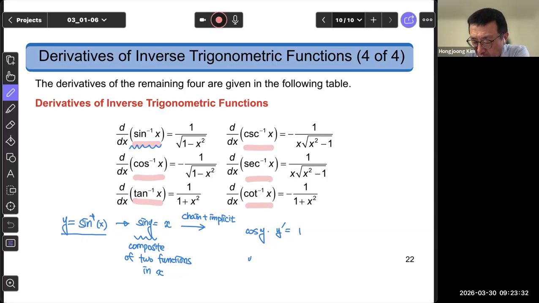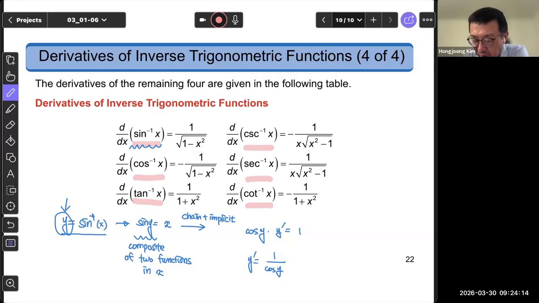And then y prime was 1 over cosine y, but that result still has a minor problem because this y is the variable I just introduced myself. The textbook didn't define the y variable. So this 1 over cosine y, nobody knows the meaning of y. So I want to replace this y with some expression in the x variable.